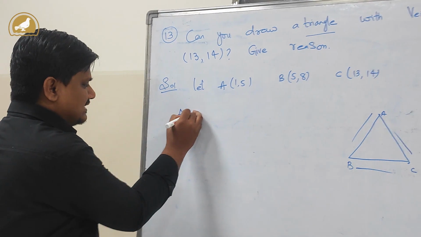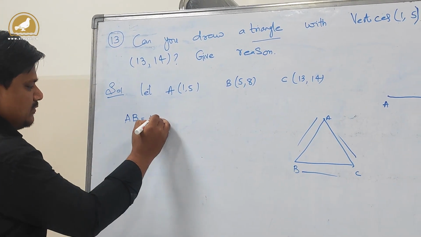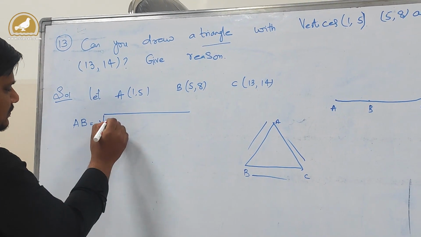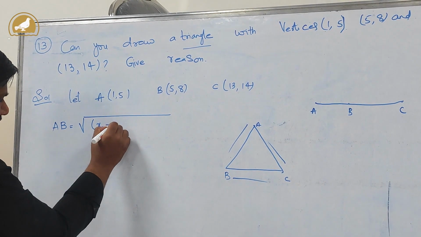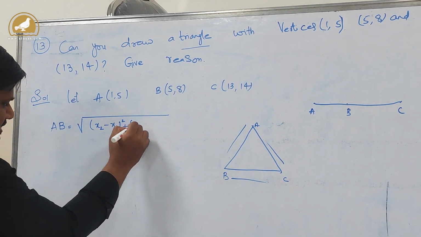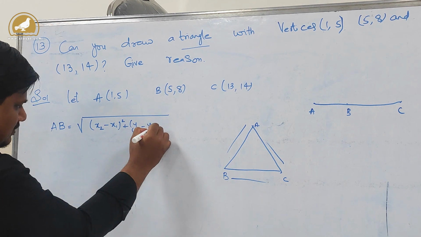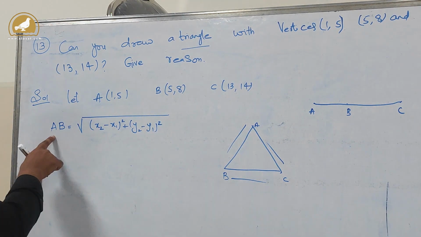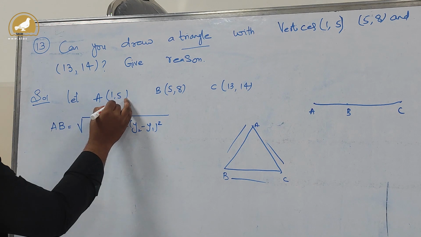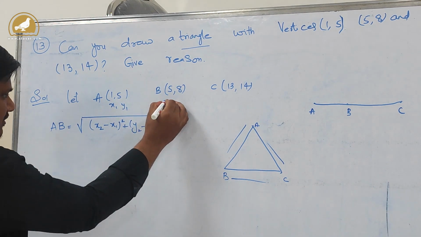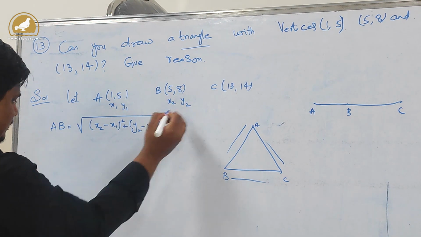First we'll calculate the distance between A and B. We use the same formula: the square root of (x2 minus x1) whole square plus (y2 minus y1) whole square. In the case of A and B, A will become x1, y1 and B will become x2, y2.